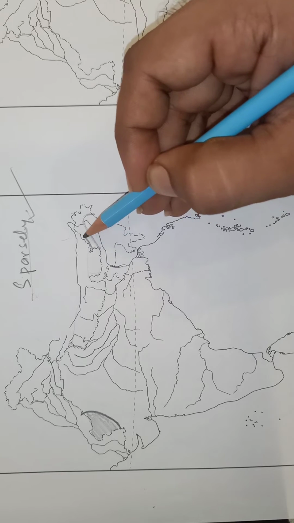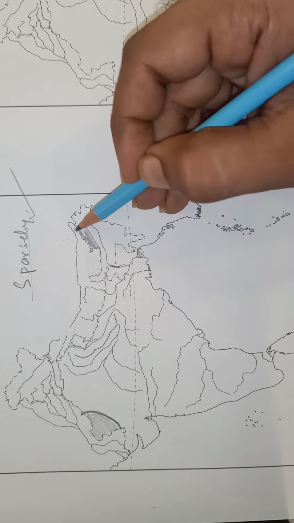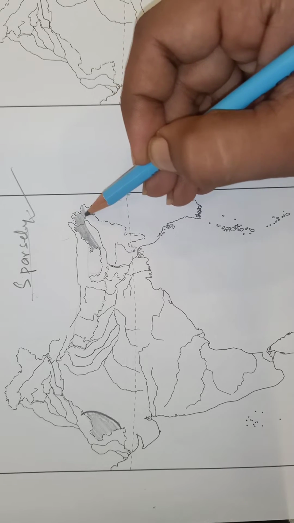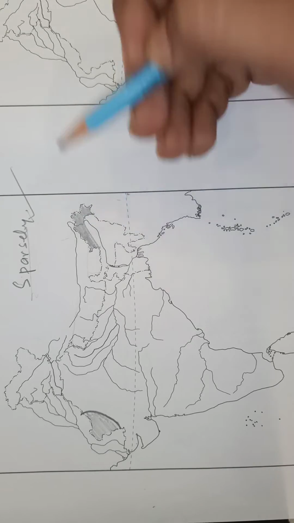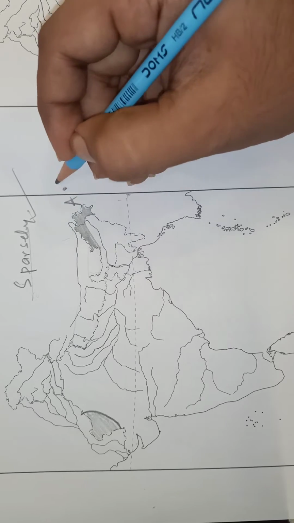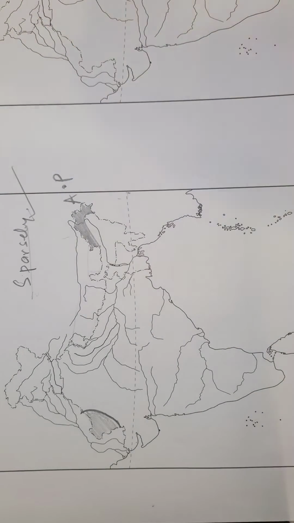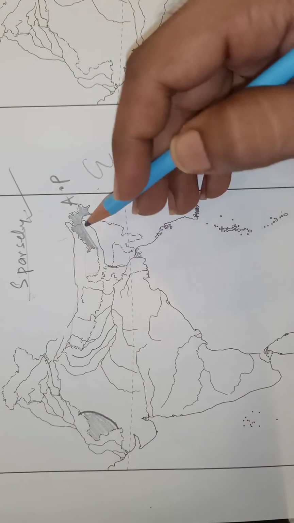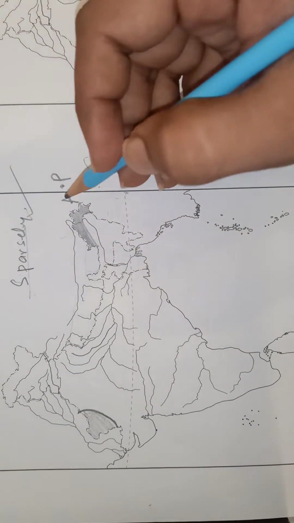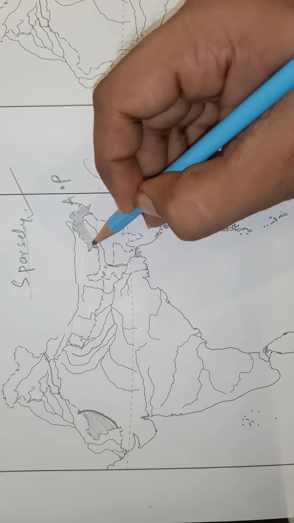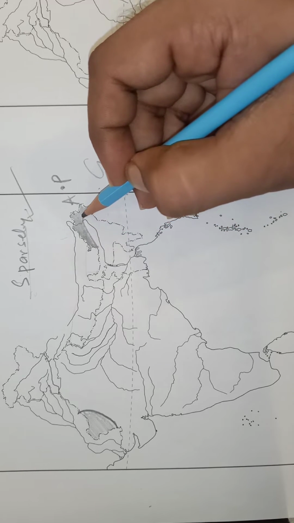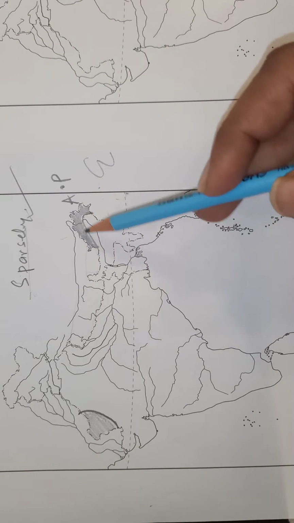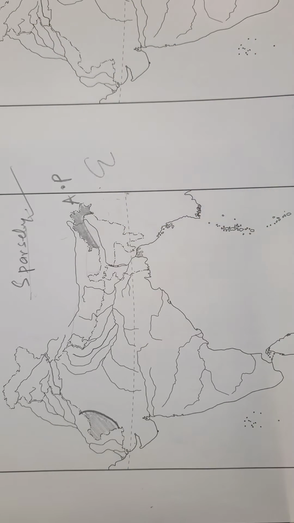So this full area is Arunachal Pradesh. This is the most sparsely populated region in the east. Two things you have to keep in mind: it starts from the edge of Bhutan and then it takes a curve and comes down a little. So this black shaded area is Arunachal Pradesh.